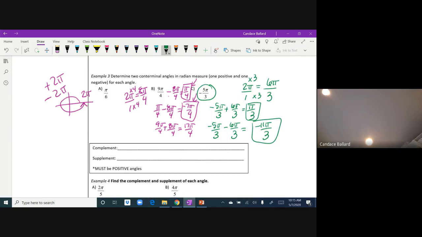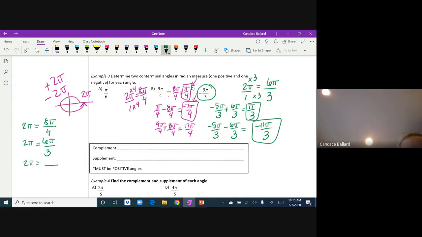Something that we might want to just put in the left-hand column, okay? Because you work in a couple of different worlds here. Let's put our equivalent fraction ratios out in that left-hand column for 2 pi. So we know 2 pi is equal to, in over 4 world, 8 pi over 4. In over 3 world, that is 6 pi over 3.